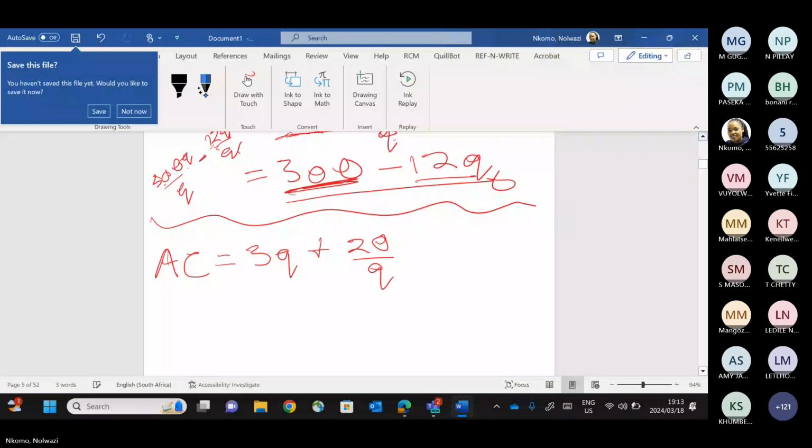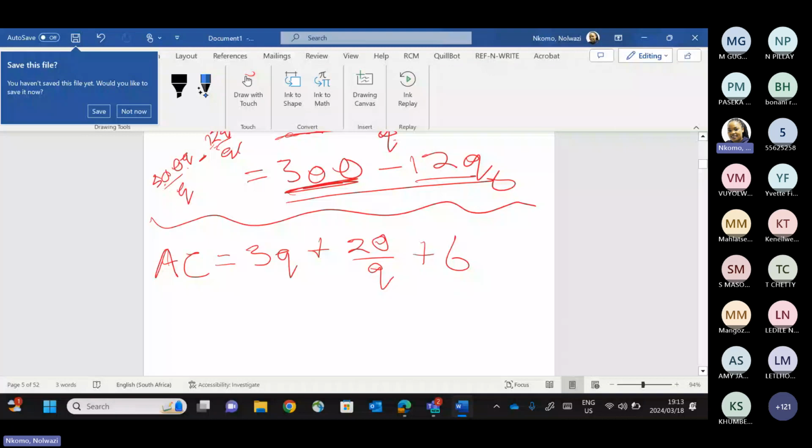Let's say you are asked to find the cost to produce one more product after 10 units have been produced.